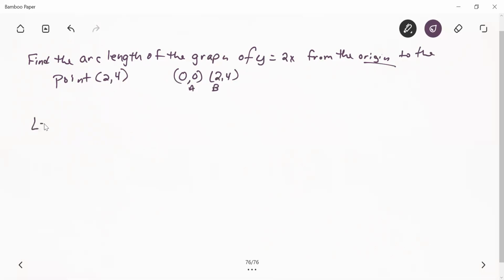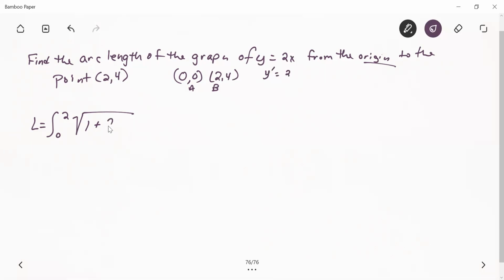So I'm going to say the length is equal to the integral of the square root of 1 plus f prime of x, because this is isolated for y. So y prime is equal to 2.